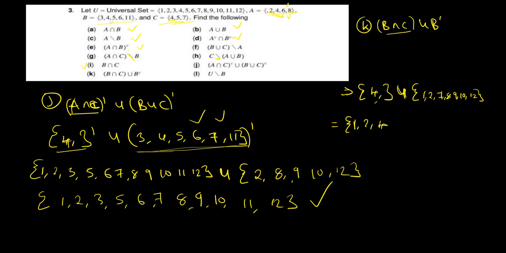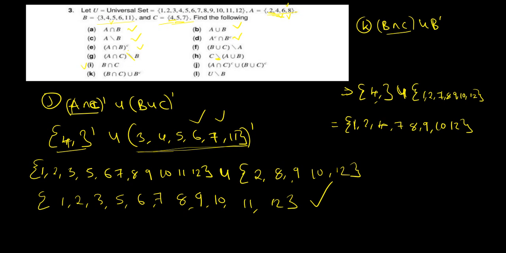Then 5 is also not there, so we'll put 7 there. 8, 9, 10, 12, like that. Okay, so that is about K. All right, so that is for K.